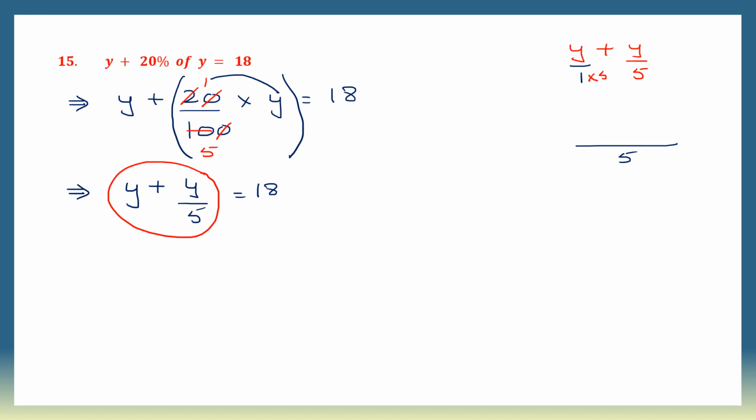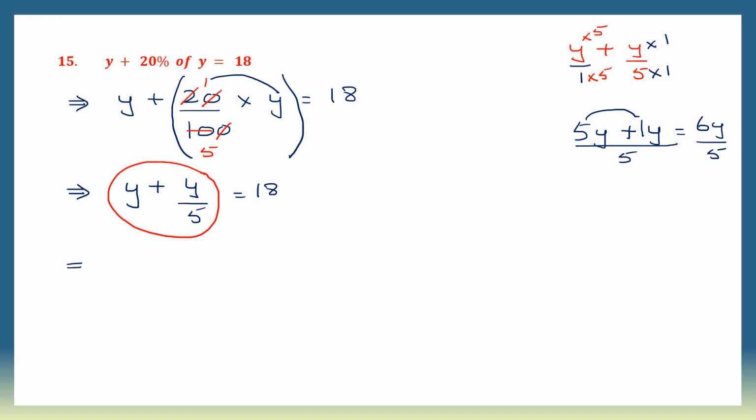1, 5s are 5. So y into 5 is 5y plus 5 1s are 5. So multiply this also by 1. y into 1 is 1y, which is simply y. So 5y plus 1y is, add the numbers, 6y by 5.